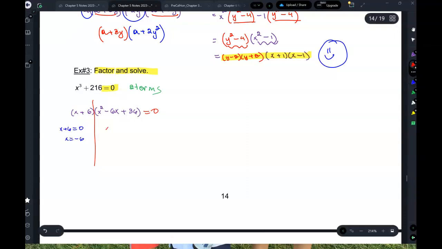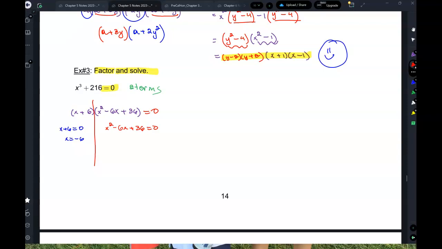Now, can I set this equal to 0 and solve? Well, there has to be a way to solve it. So back in the previous chapters, in chapter 4, we learned how to solve by factoring. But when that didn't work, we learned some other things. What are some other things that we learned? Quadratic formula. Yay!